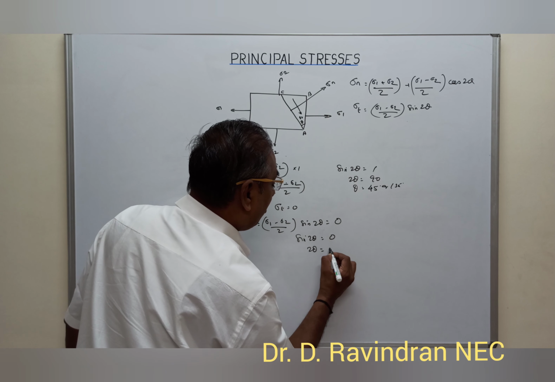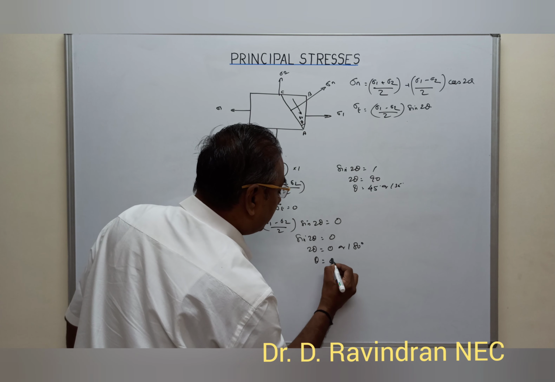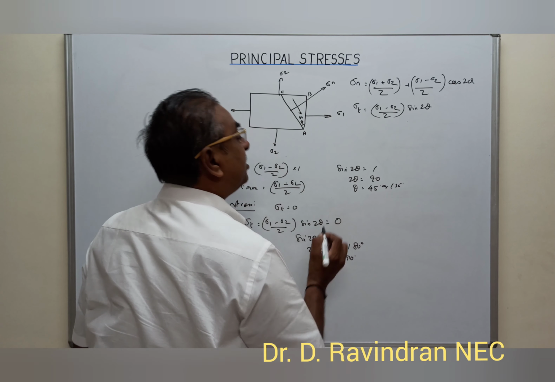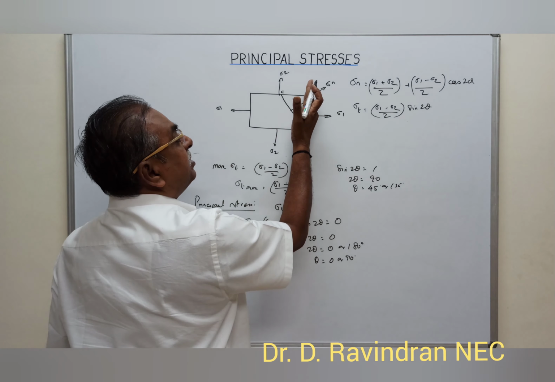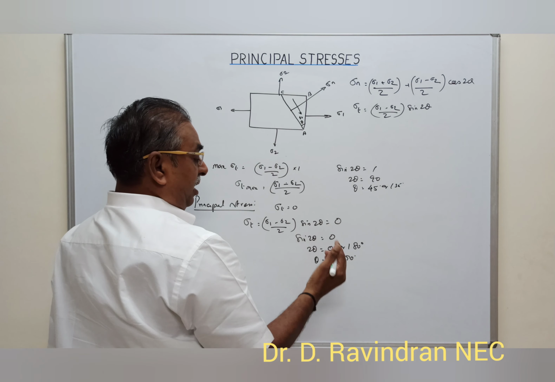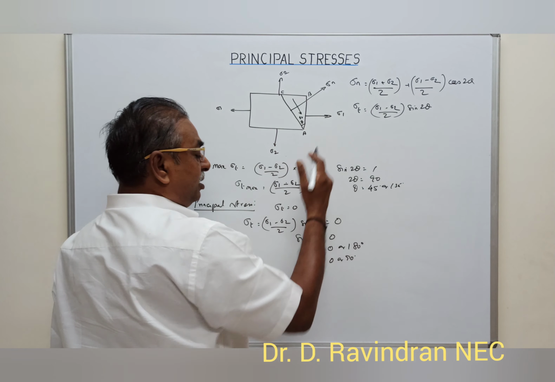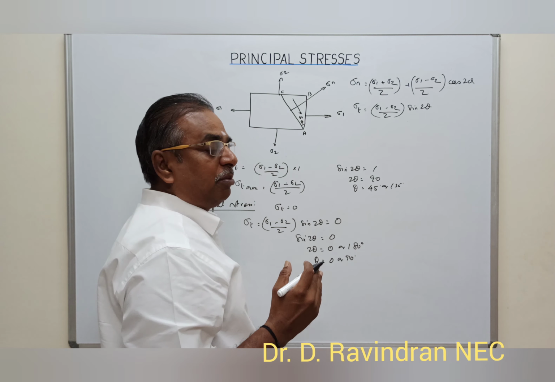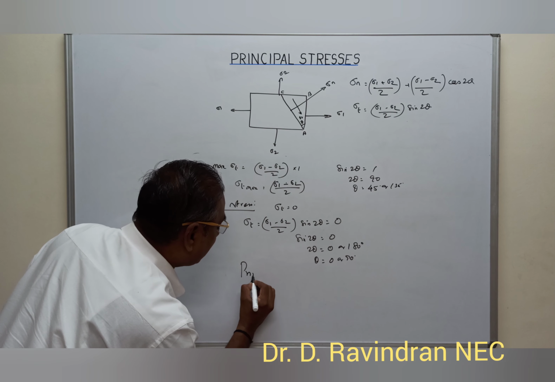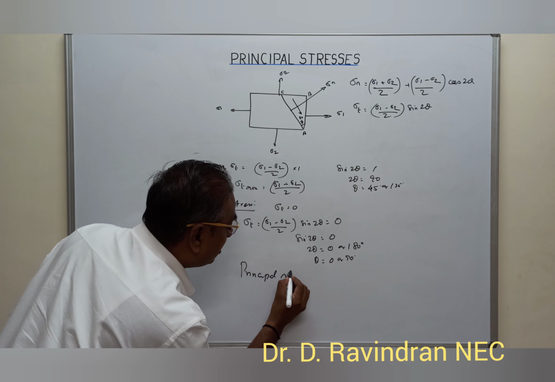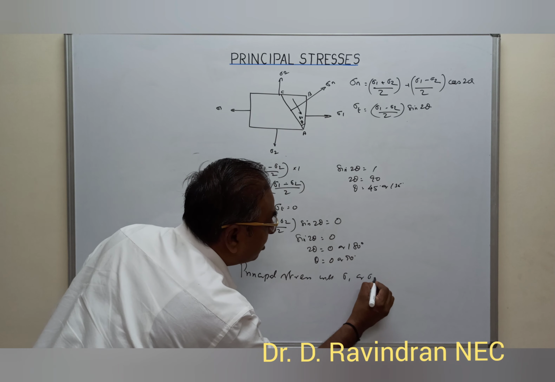So 2 theta will be either 0 or 180 degrees, or theta will be 0 or 90 degrees. That means when theta is 0, it means this perpendicular plane. When theta is equal to 90 degrees, it means this horizontal plane. On this plane, the stresses available are sigma 1 and sigma 2. So the principal stresses will be sigma 1 or sigma 2 only.